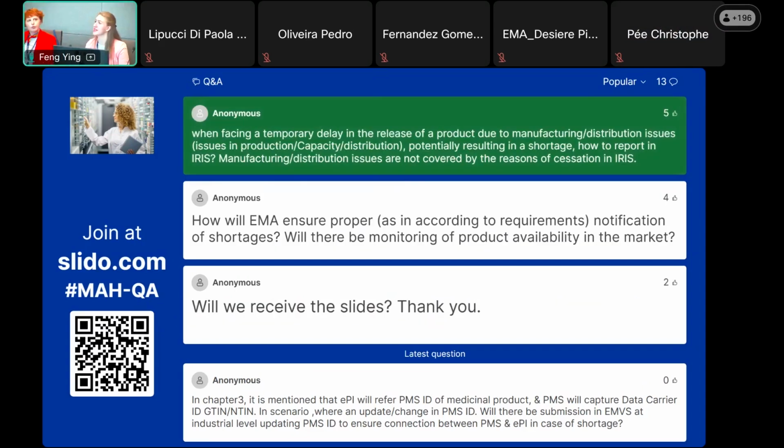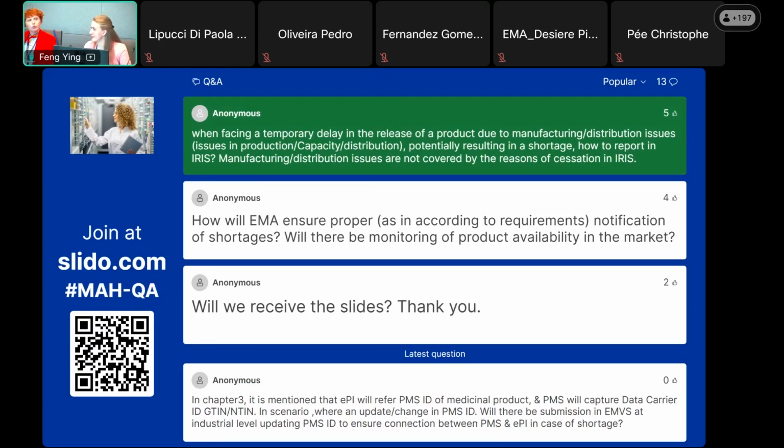Moving on. When facing a temporary delay in the release of a product due to manufacturing distribution issues, issue in production, capacity, or distribution, potentially resulting in a shortage, how to report in IRIS. Manufacturing distribution issues are not covered by the reasons of cessation in IRIS.